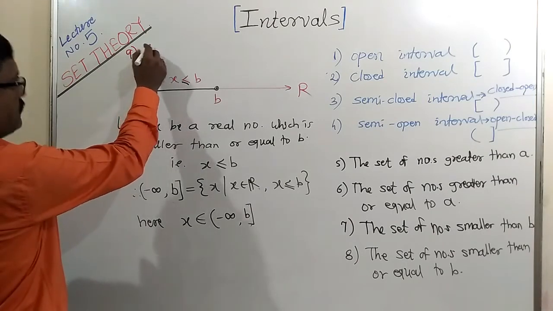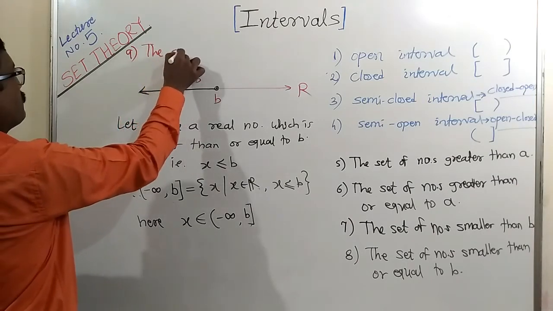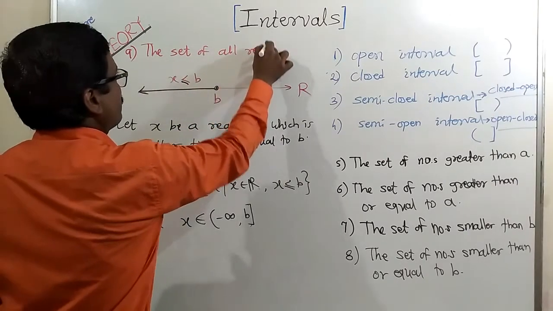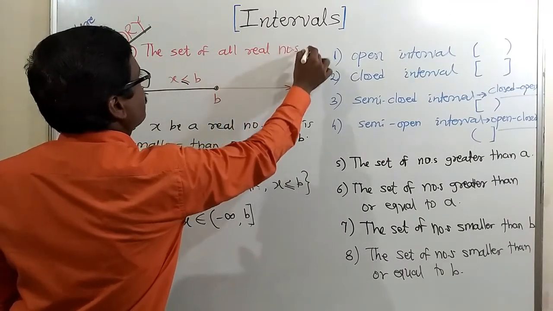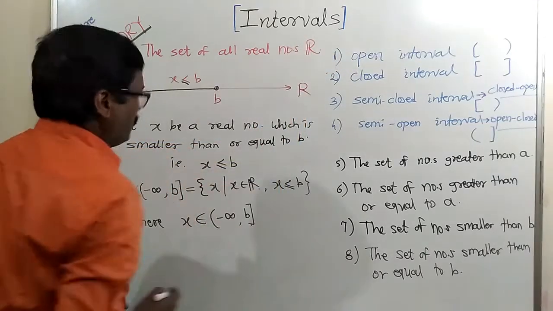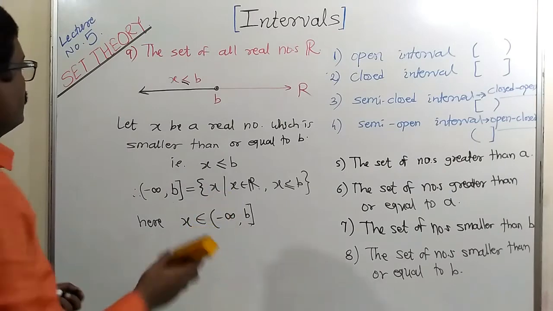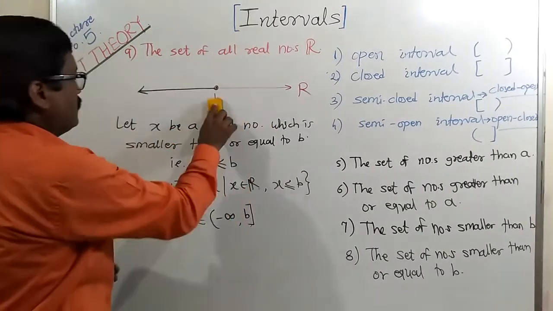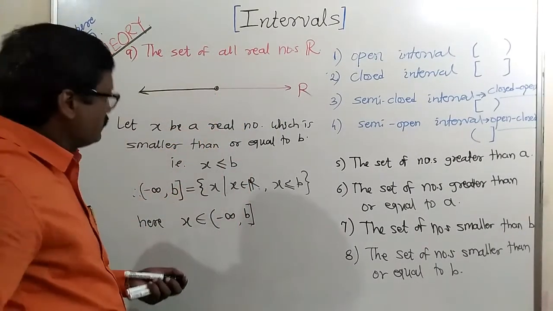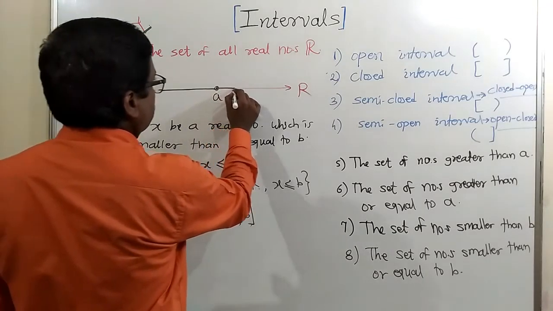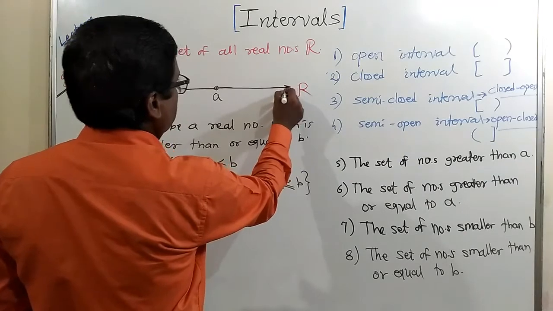It is the set of all real numbers, that is R. Okay. So all numbers can be considered as these numbers.